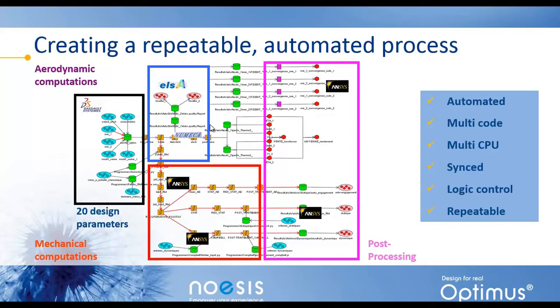You have a CAD package, for example. You've got finite element analysis, CFD, you've got post-processing. But what Optimus is doing is allowing you to automate all of these so that they're one continuous process that you can now kick off before you go home or before a weekend or whatever, and it will run the entire sequence automatically and also provide diagnostic information, if you want, sent to your cell phone.